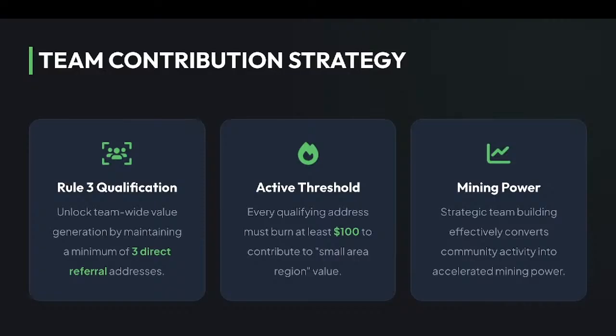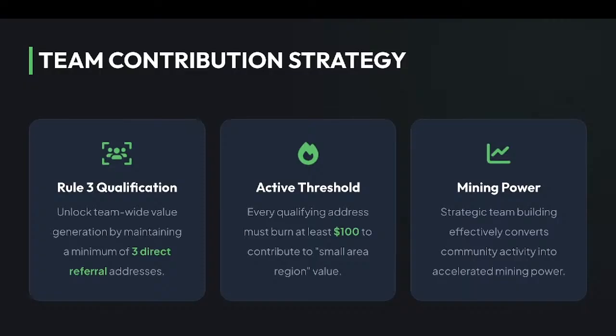The first major concept on this slide is the qualification rule. To unlock the team contribution value sharing on your account, you cannot just rely on one big referral who does all the work. You must possess at least 3 separate active direct referral addresses. This proves to the system that you are actively expanding the network horizontally.